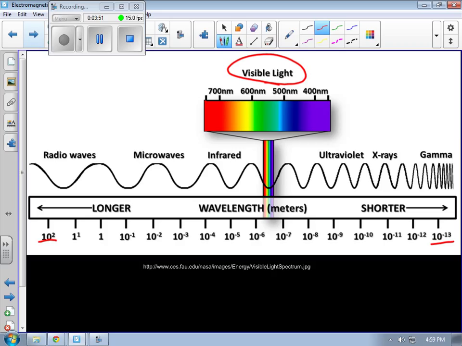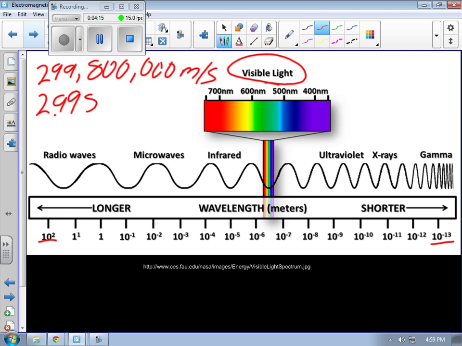So first things first, the speed of light is constant, whether it's visible light or one of these other forms. The speed of light is 299,800,000 meters per second, or 2.998 times 10 to the 8th meters per second.